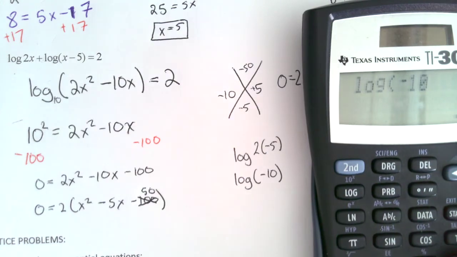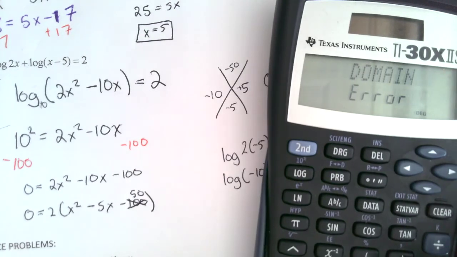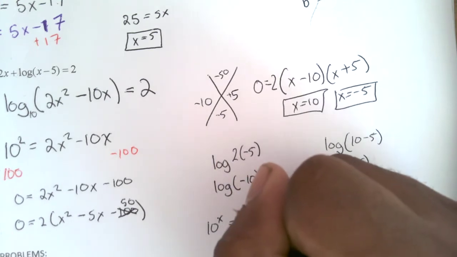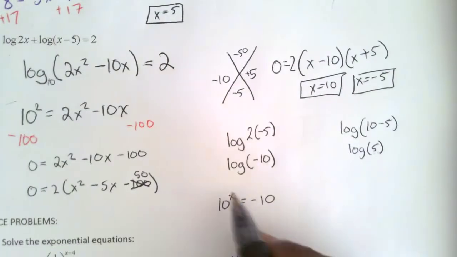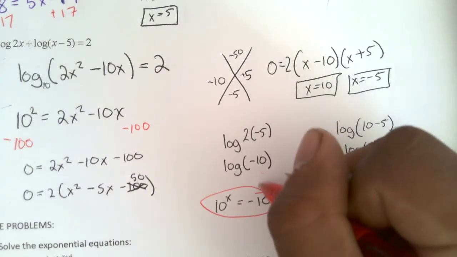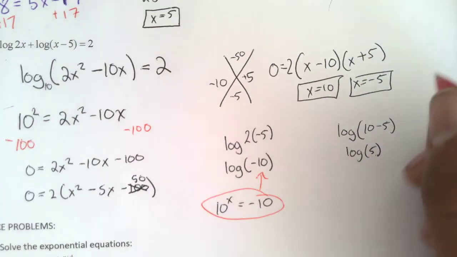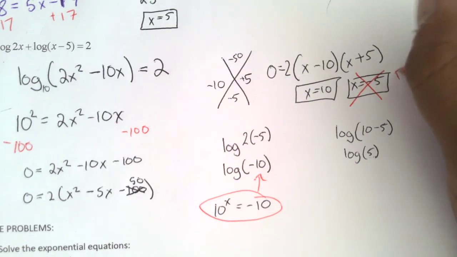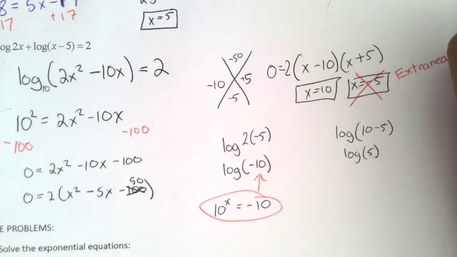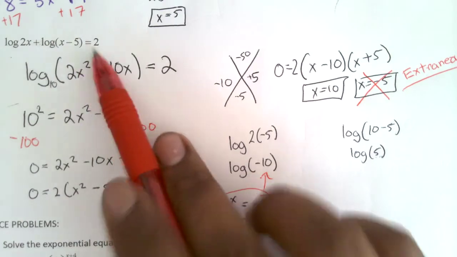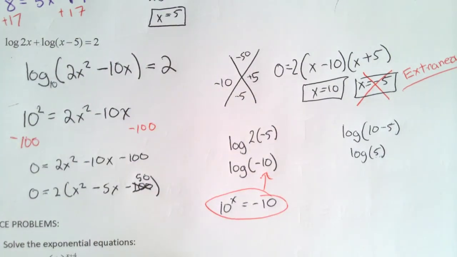It's going to say domain error because, like I said before, there is no power. This will never be true. There's no solution to this, which is ultimately the same thing as what that's saying. So we're going to go ahead and cross this out, and we're going to say that solution is extraneous. That just means mathematically everything I did was correct, but it didn't work in the logistics of this problem.